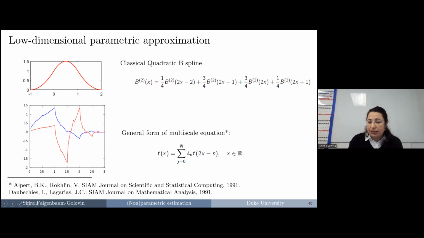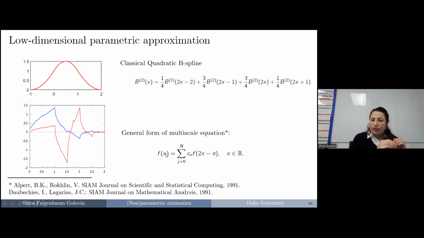Also, what we are given is the Cn, the coefficients, like in the refinable case; in the classical quadratic B-spline they are a quarter, three quarters, and a quarter. Different masks here will result in different functions in the end. So what we see here is basically that once we have the endpoints of the function, we are able to calculate the next level of function values in the next axis.